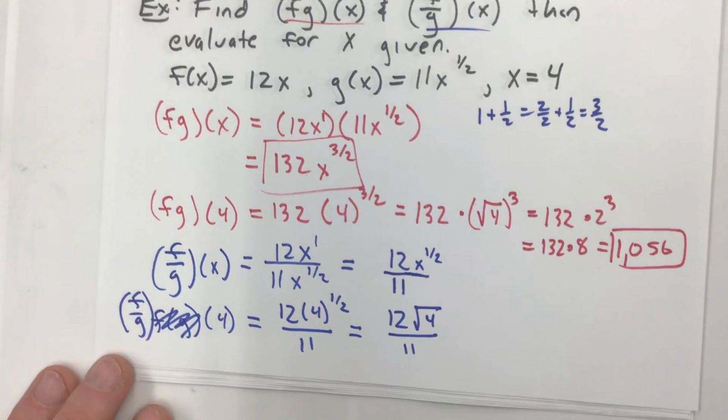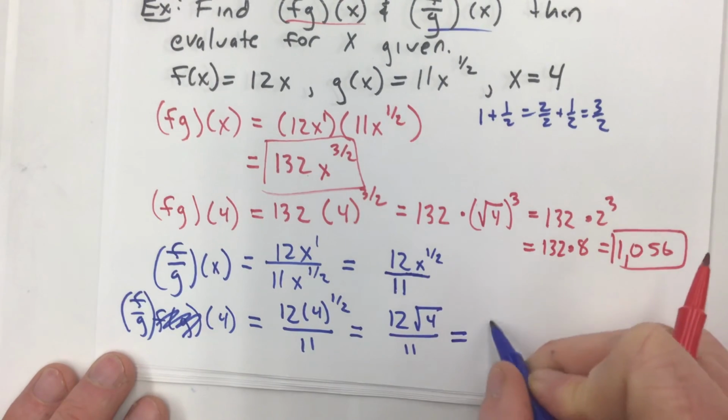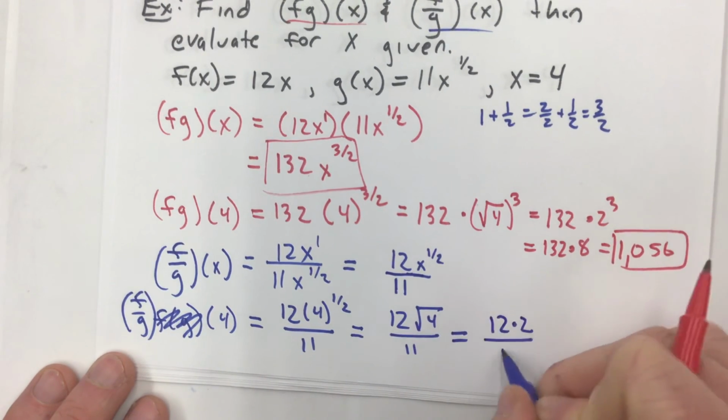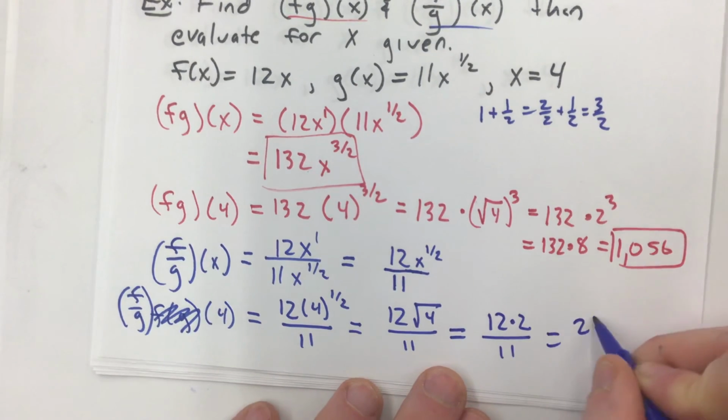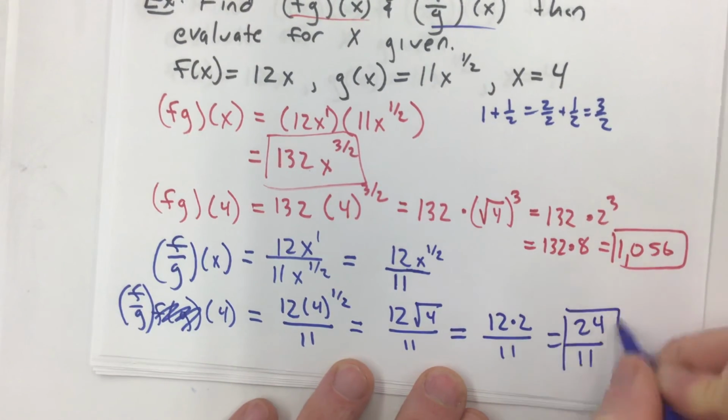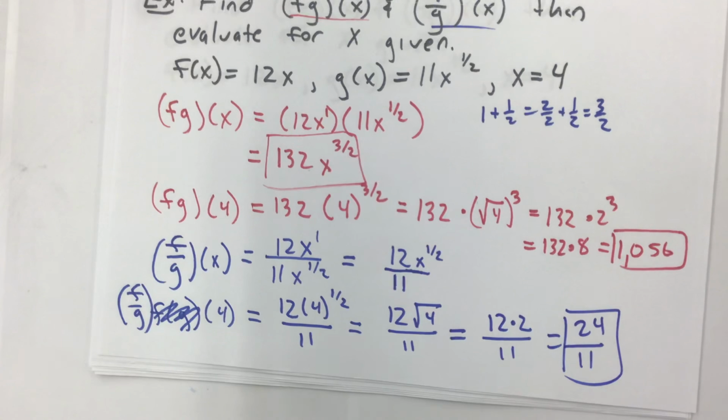Fortunately, you were given a nice perfect square. That equals 12 times 2 over 11, which is 24 over 11, which is our answer. So again, really the only thing new today is being able to evaluate these for a given value.